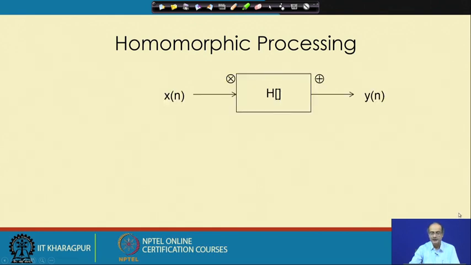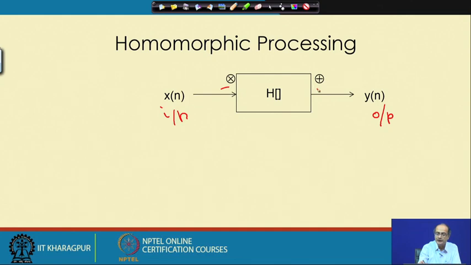Here we are showing a diagram of the mapping H. The point to note is that x is the input and y is the output, and these two spaces are different; we have a map defined from x to y. In the input space, that is the domain of H, we have a cross operator.